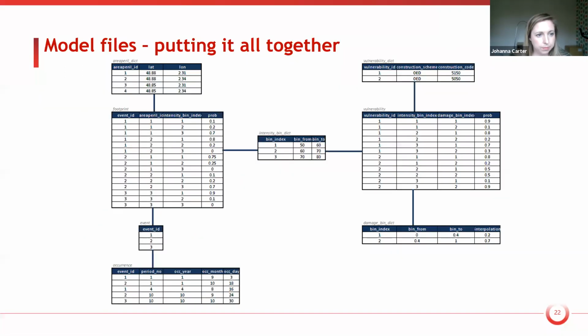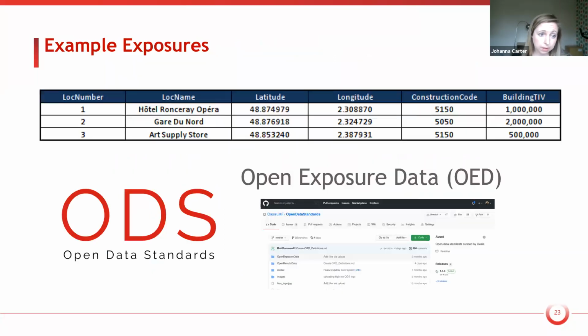Okay, so how is the model data used? How does the exposure data interact with the model data? Well, this is a set of data which represents locations which may be uploaded to a cat modeling system to be analyzed.